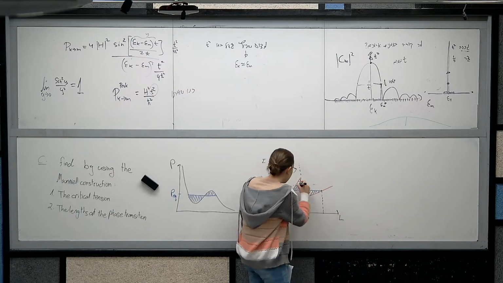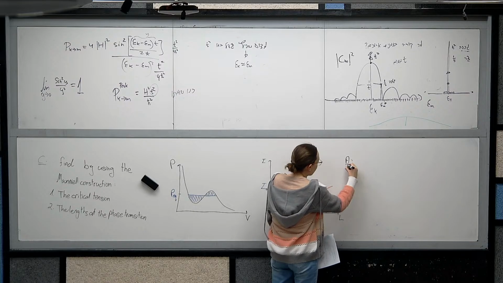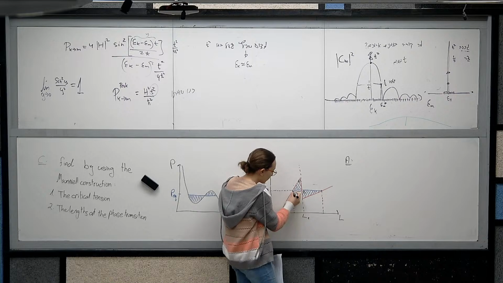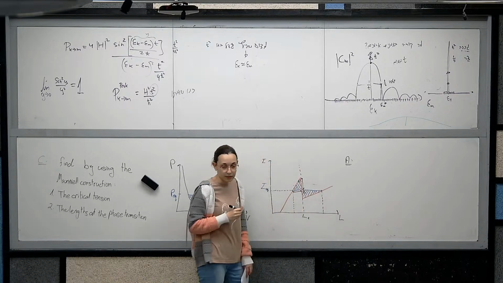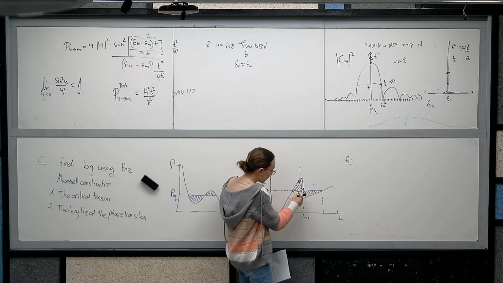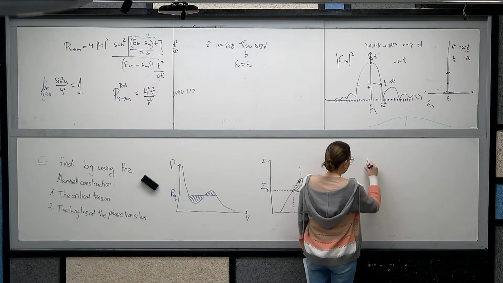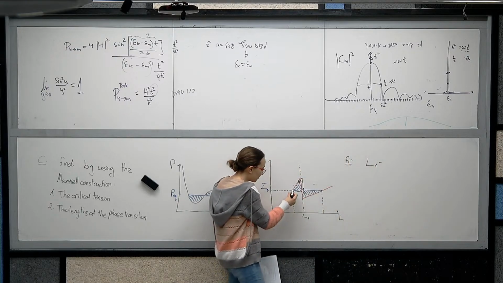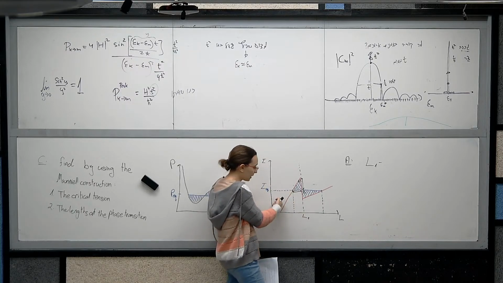Let's call it A, and this will be B. Okay, so for A, we need the length of this line and the length of this line. Okay, so we know that this line will be equal to L1 minus the value of L in tau equilibrium, okay, on the graph.